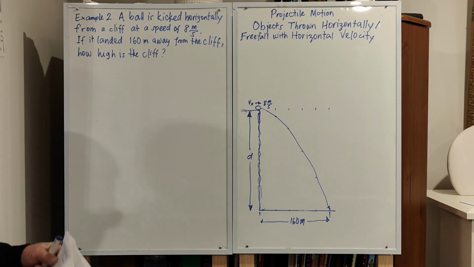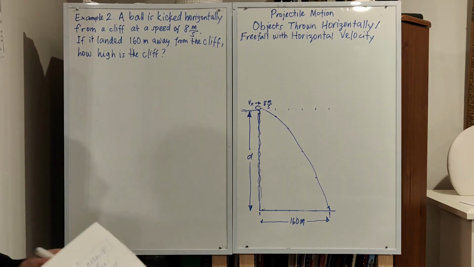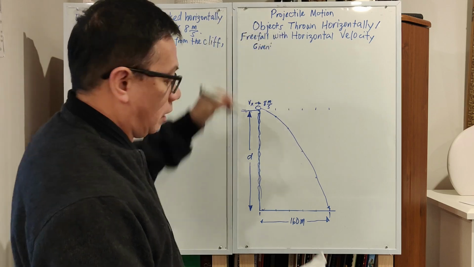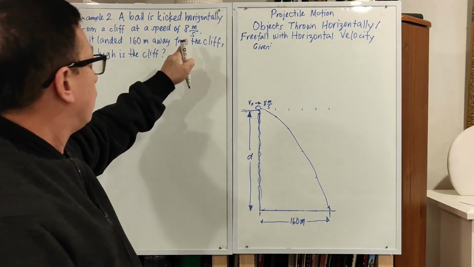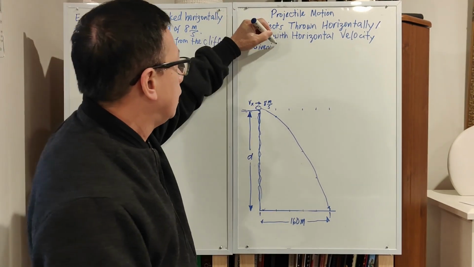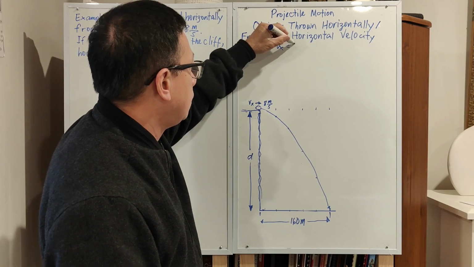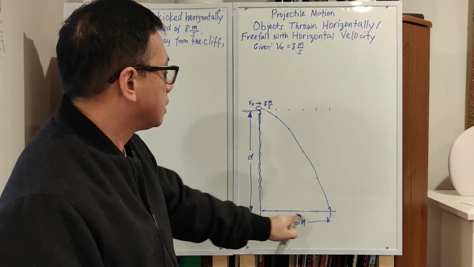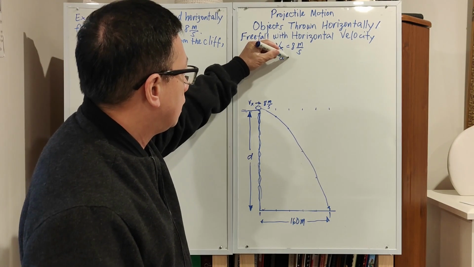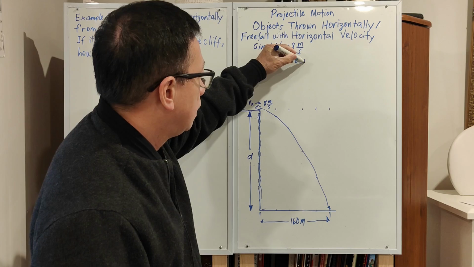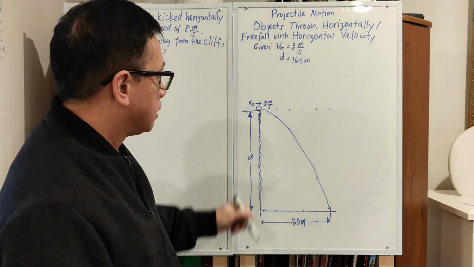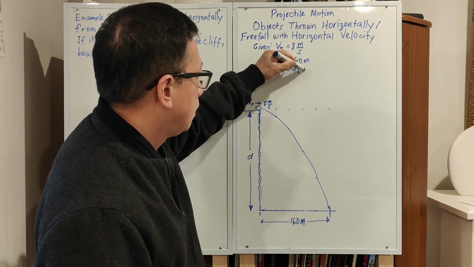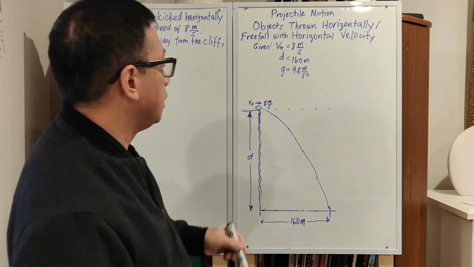So let us first write all the given. We have the horizontal velocity at 8 meters per second. Then we also have the distance at 160 meters. So acceleration due to gravity is 9.8 meters per second squared.